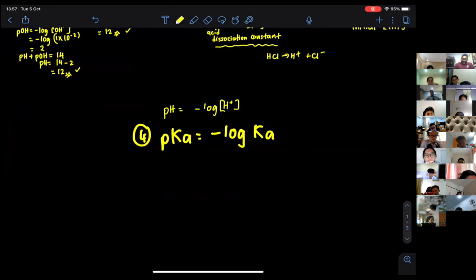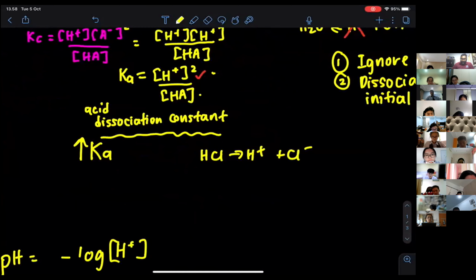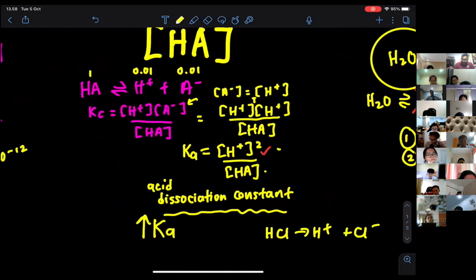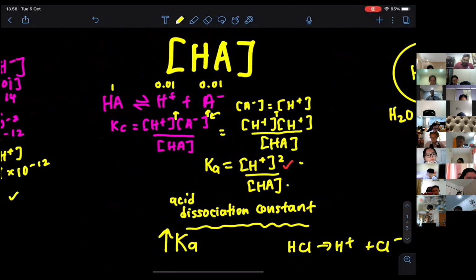And the function is going to be similar to your pH. If your Ka, your acid dissociation constant, is more, what does it mean? It means that my H plus and my A minus are more. If I represent it over here, this is more. If you have the Ka to be more, it means it can dissociate more.